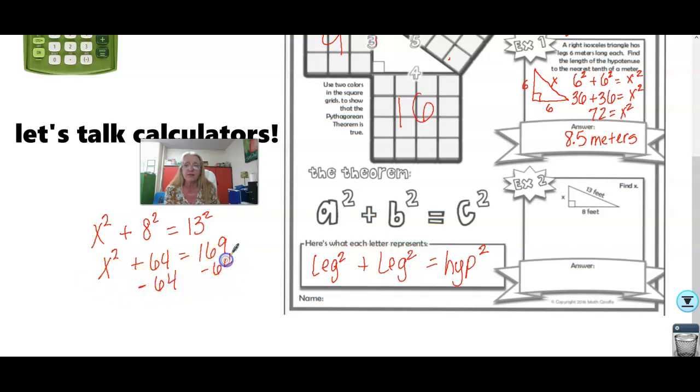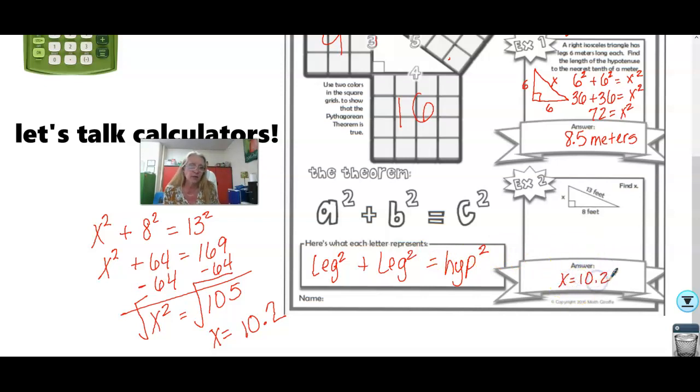We subtract 64 from both sides, and that gives us x squared is equal to 105. Then we square root both sides. So I need the square root of 105, and that is approximately 10.2, rounded to the nearest tenth. Okay. So x equals 10.2. And then all that other work should have been done in here, but I wanted to write bigger.